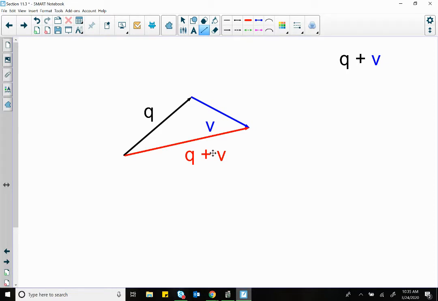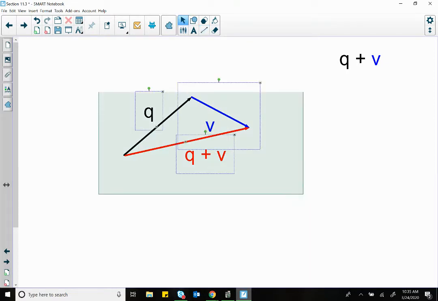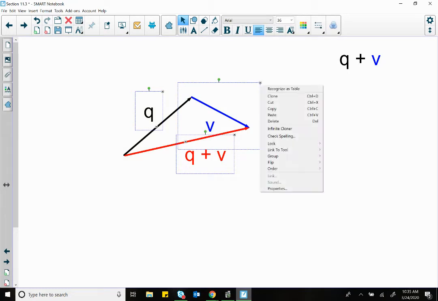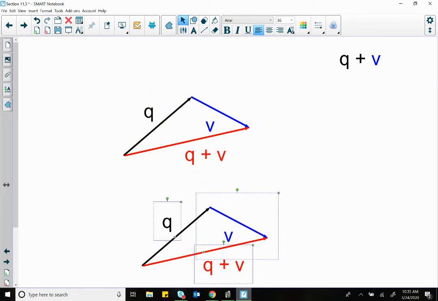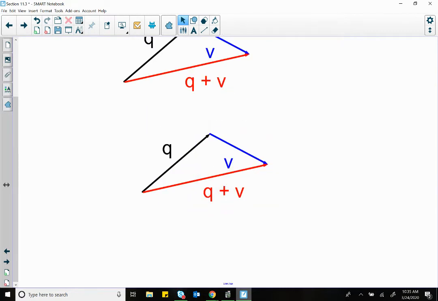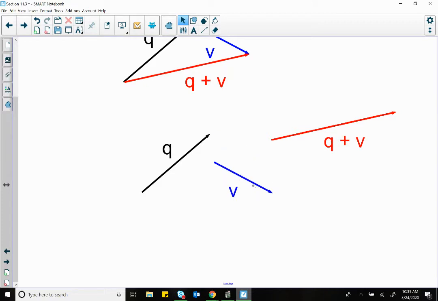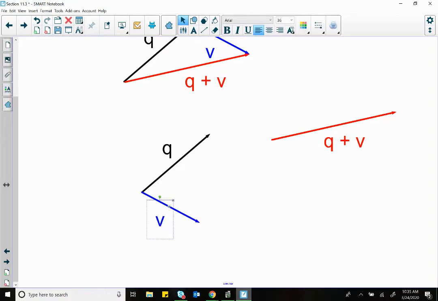Okay? Another way, let me grab all this information. Let's clone it. We'll move it right down here. They think about it like a parallelogram. Okay? So let me grab this, move it out of the way. We'll move that up there. And what they do is they have both vectors starting at that same initial point. Okay?